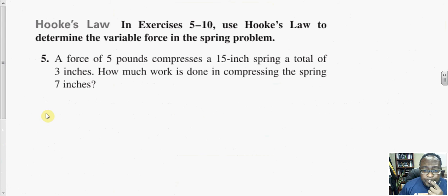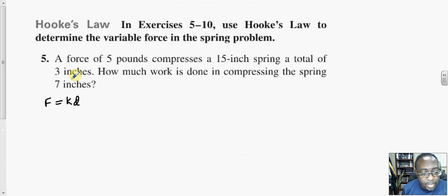Look at this problem here. Use Hooke's law to determine the variable force in the spring problem. And so we have a force of 5 pounds compresses a 15-inch spring a total of 3 inches. So from there, by using Hooke's law, we have the force is equal to the spring constant times d, the distance of the stretch. Here it is being stretched 3 inches.